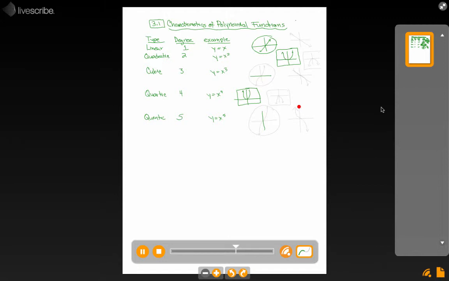You'll notice that the odd degrees, degree 1, degree 3, and degree 5, all have something in common, and that is that, in these cases, they start in quadrant 3 and they head up through quadrant 1. If we look at a negative version of any one of those, they will head downward instead.